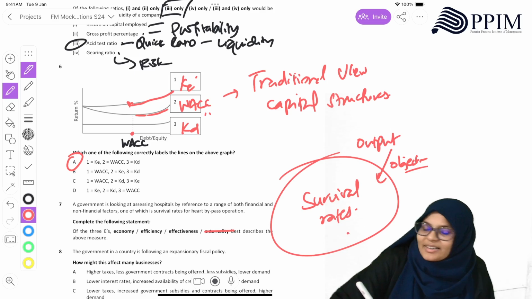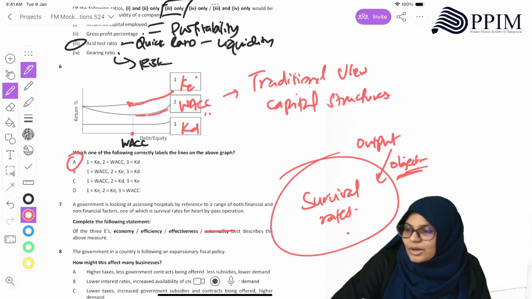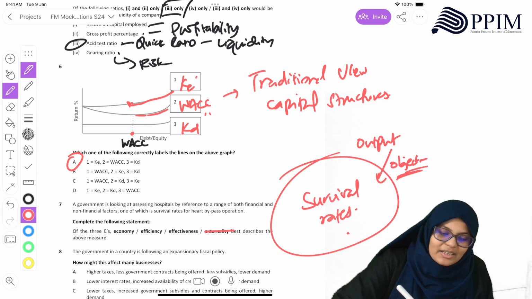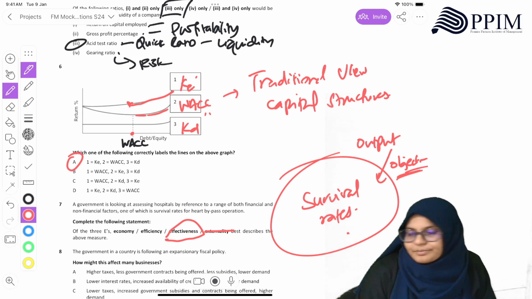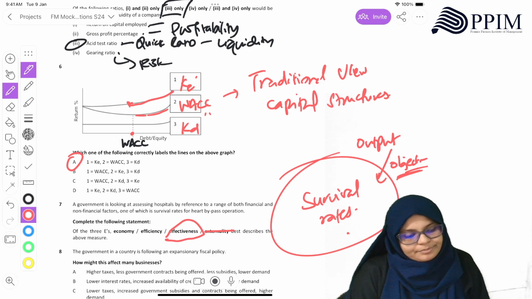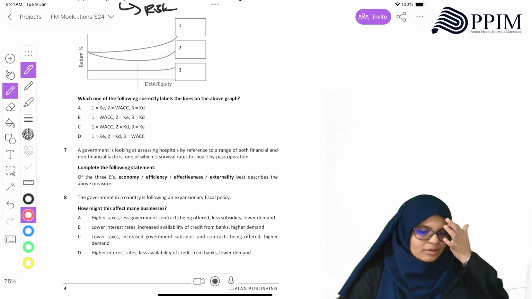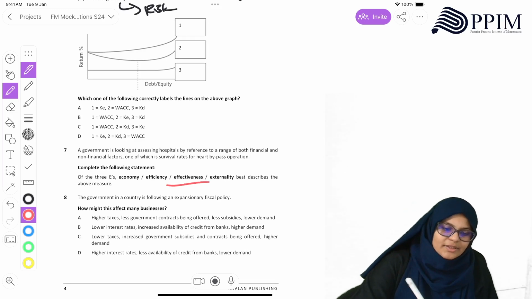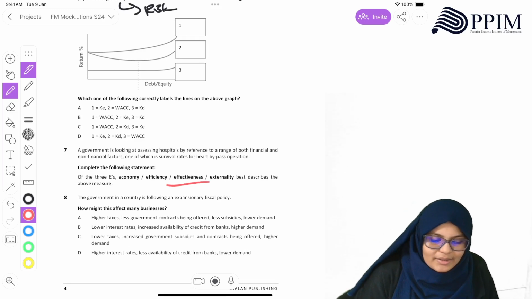So survival rate is definitely one of the main objectives when it comes to a hospital. So this is definitely effectiveness. Okay, so that's how you should be able to figure out which one it will be. So that's effectiveness.